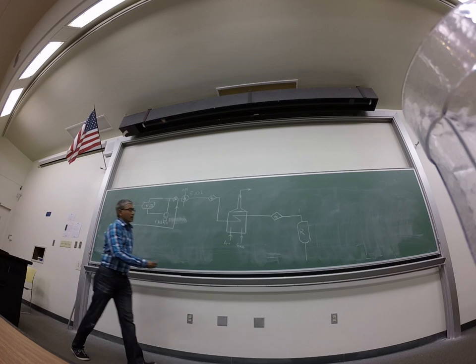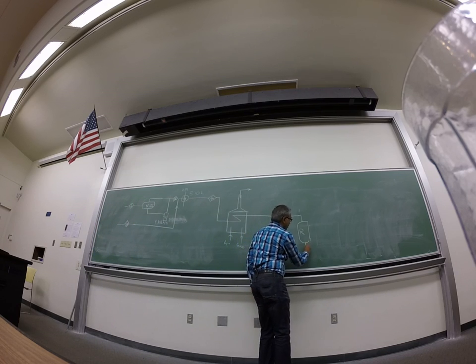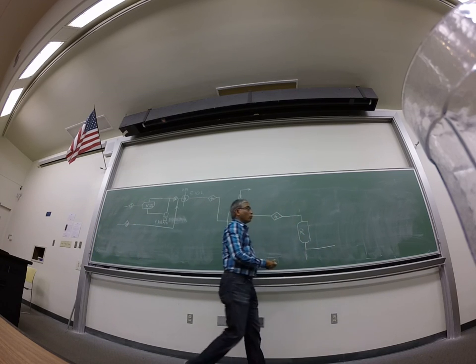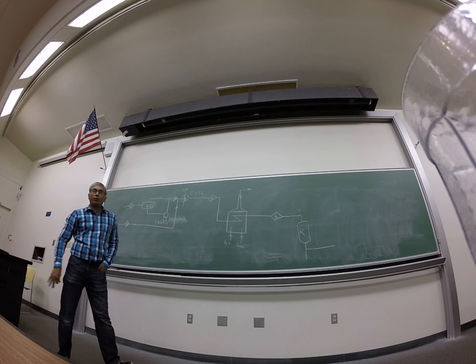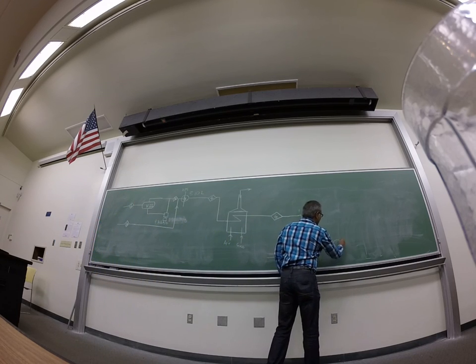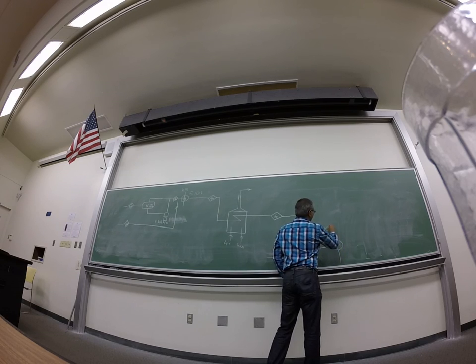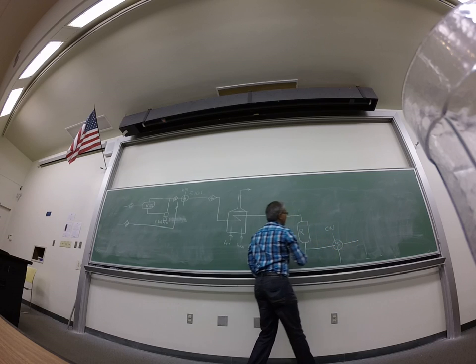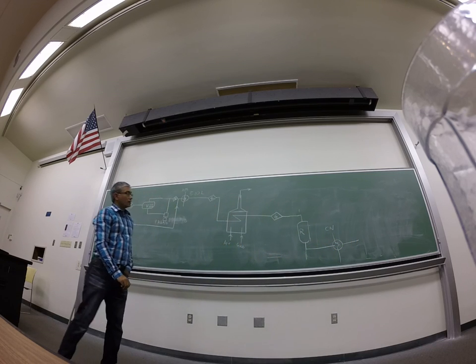So you have one stream here, which now goes to cooling water because this is a reaction product. This is going to be very hot. So it goes to another heat exchanger. This is cooling water. What comes out is basically cooled.